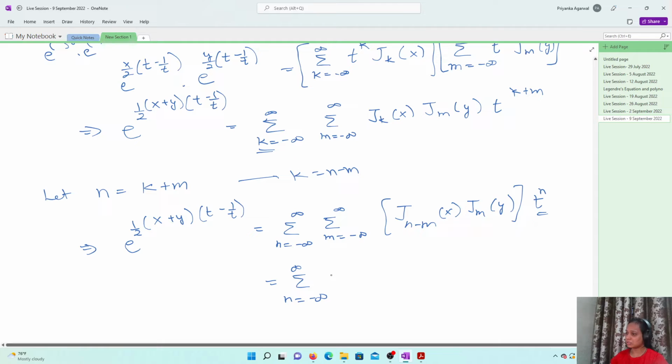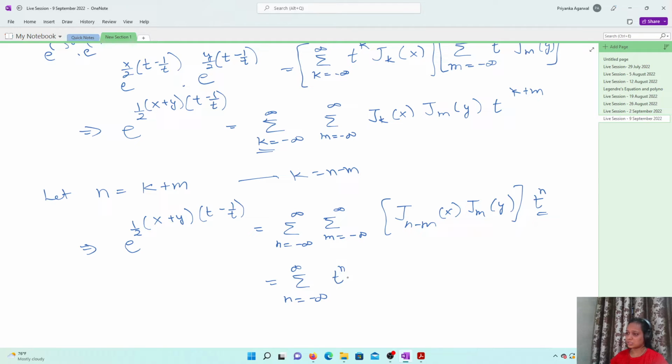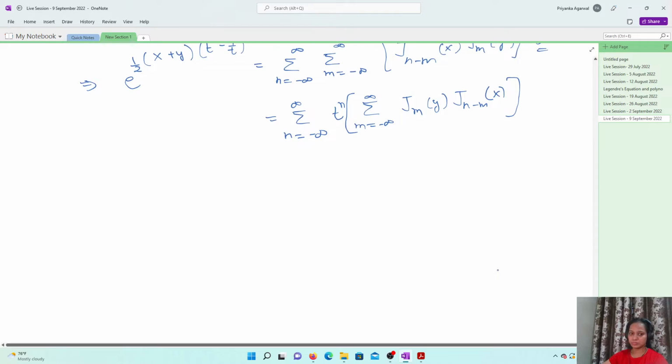And this becomes summation n equals minus infinity to infinity. We can take it here because it does not contain any n. Summation n equals minus infinity to infinity J m of y into J n minus n of x. Right?